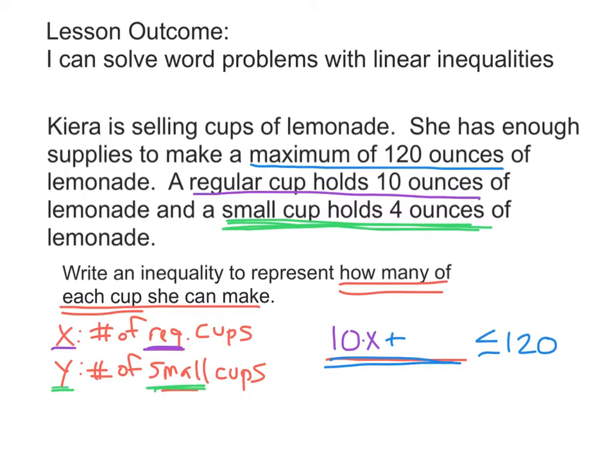So we need right here plus 4 ounces times the number of small cups that she sells. So again, reading this through, 10 ounces times the number of regular cups plus 4 ounces times the number of small cups. Added up together, these ounces need to be less than or equal to 120 because there's a maximum of 120 ounces.